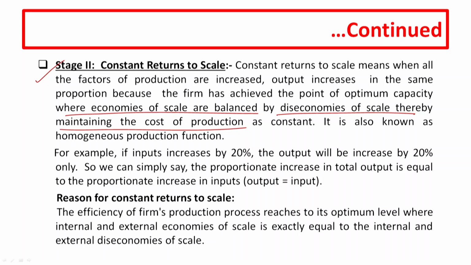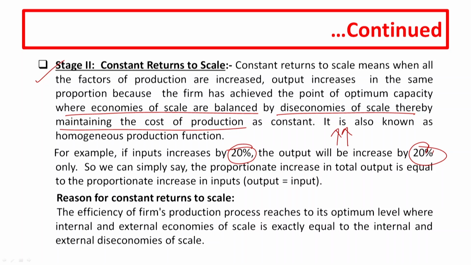For example, you are increasing the input by 20% and you are getting the output by 20%. That means the proportion between the input and the output is exactly similar. Why is it? Because economies and diseconomies are equal to each other.